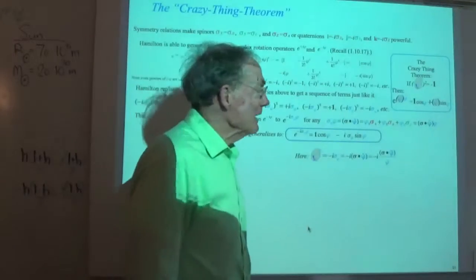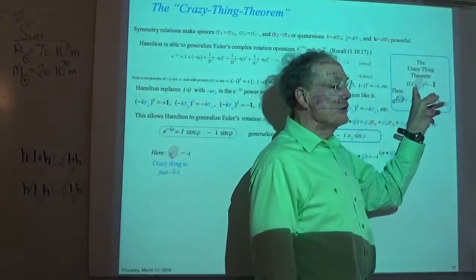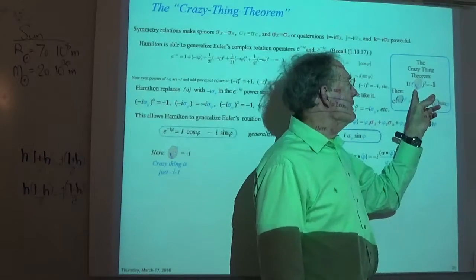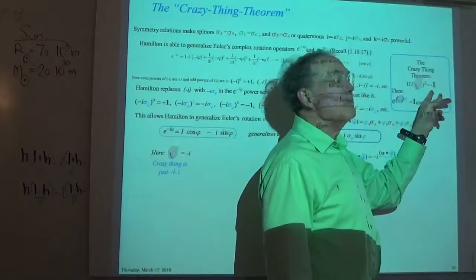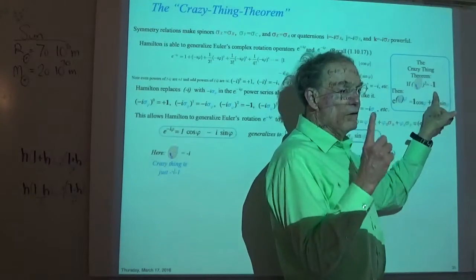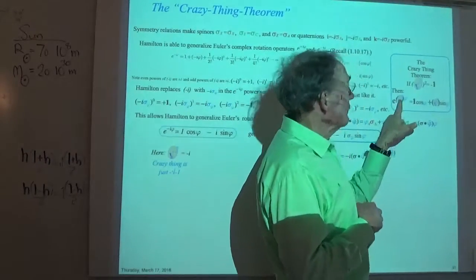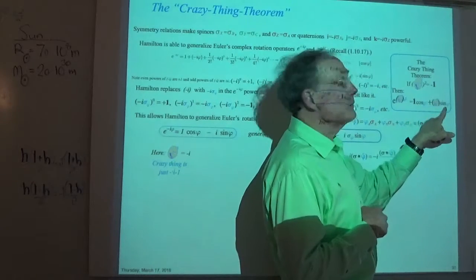But the idea is that if your crazy thing satisfies an equation such that the square of the crazy thing, imagine squaring Trump, I don't want to think of it, but anyway, the crazy thing squared, if that's equal to minus 1, that is the unit operator, then the exponential of the crazy thing is 1 times the cosine plus the crazy thing times the sine.